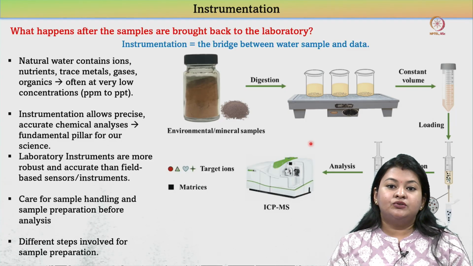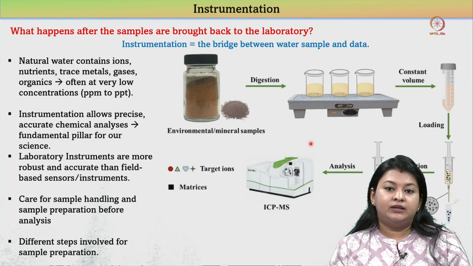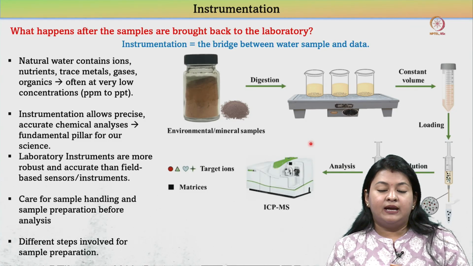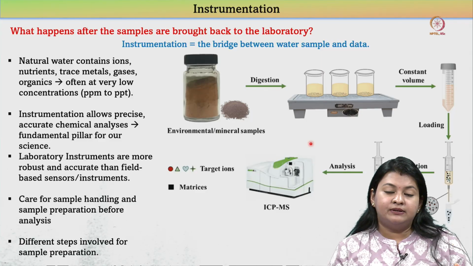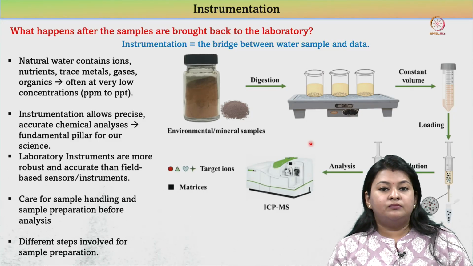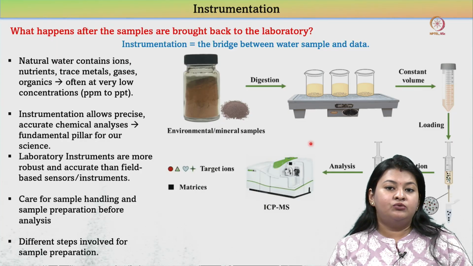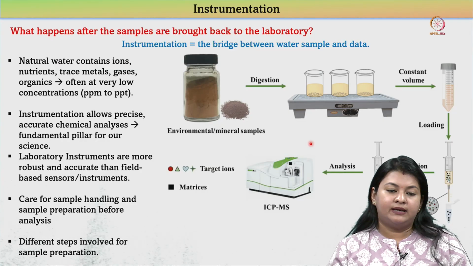You are not able to do that in the field, right. So, you have to do it back in the lab, and if you have a large number of samples, it just becomes impossible to do it anywhere else. So, mostly we try and do all chemical analysis back inside the lab.